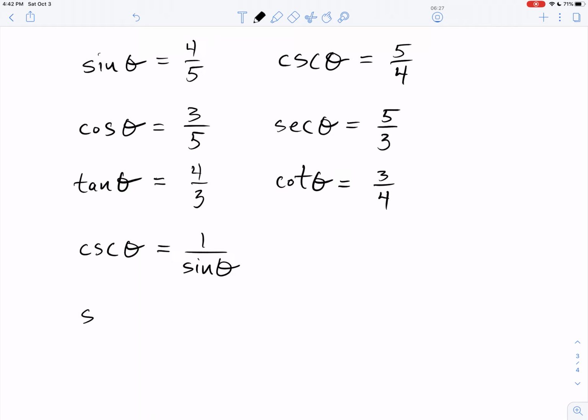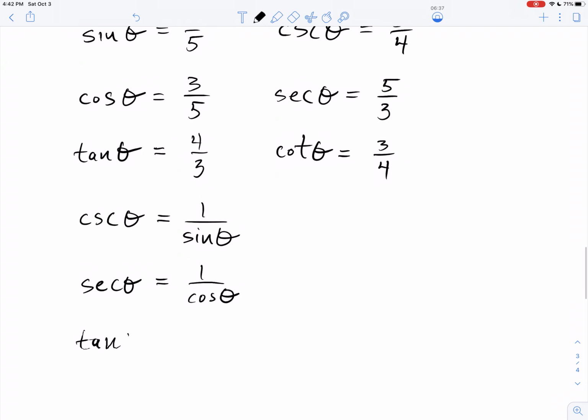The secant is the reciprocal of cosine, so it's 1/cosine. And then, of course, my last one, cotangent. I meant to write cotangent. The cotangent of theta is 1/tangent.